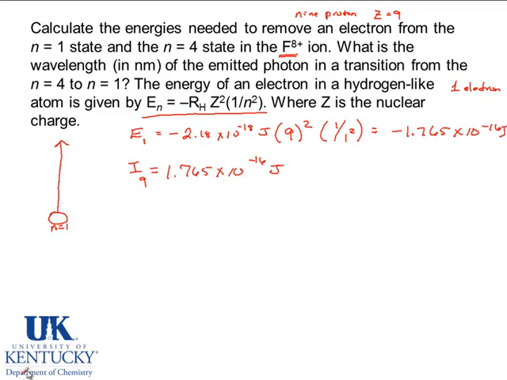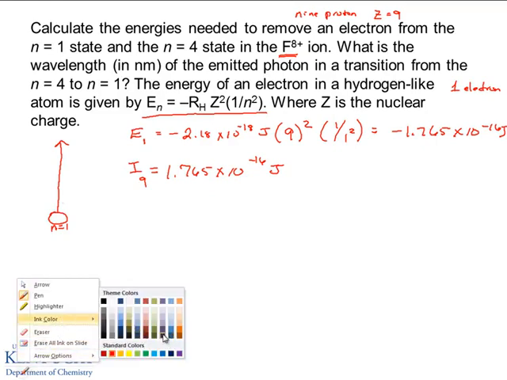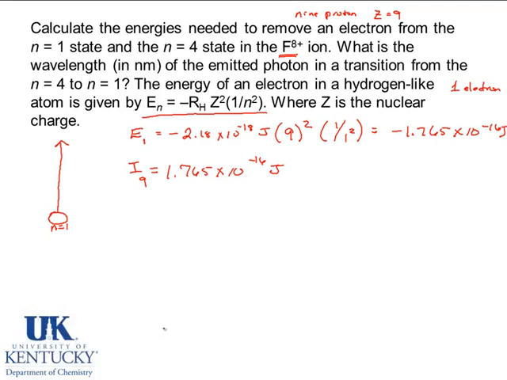Okay, now let's consider another scenario. So let's change colors for just a moment. Let's pick, how about a purple? Okay, let's move this electron now into the n equals 4 state. So we promote it up. It is no longer sitting in the n equals 1. We now have an n equals 4, and we have an electron sitting right here. If we wanted to know the energy of that electron, we'd put a little 4 there.